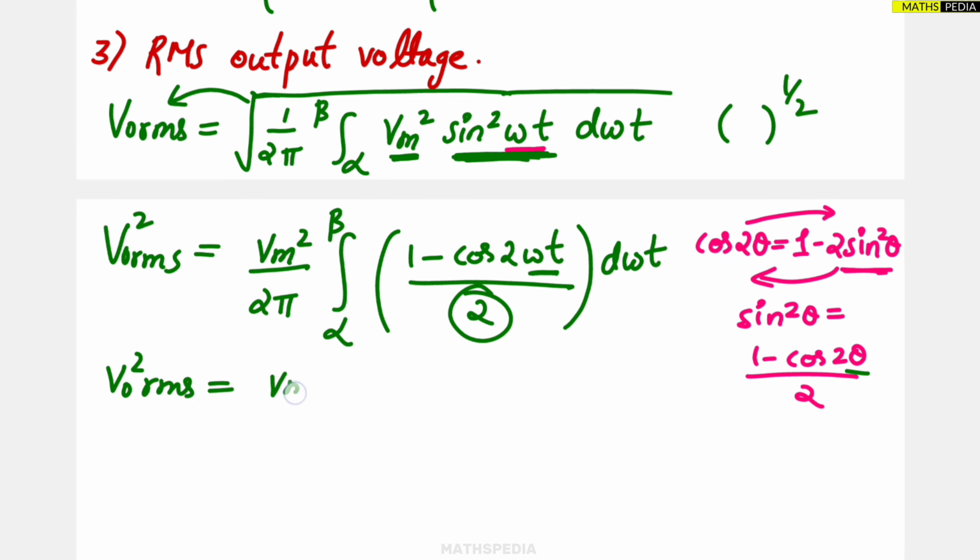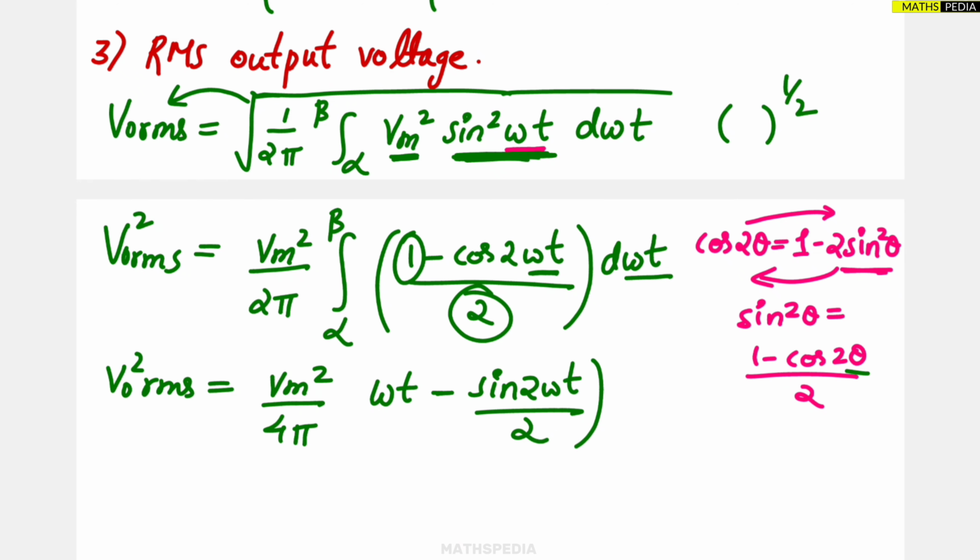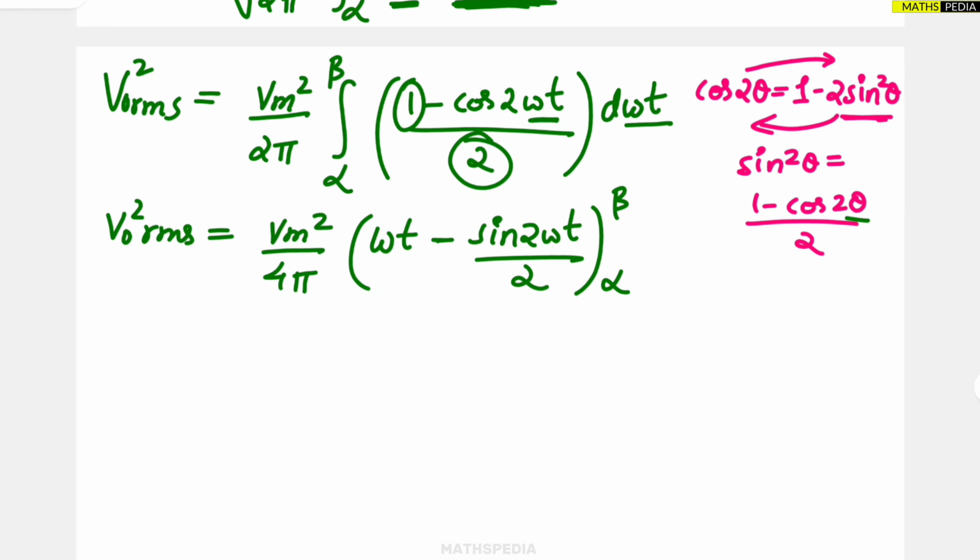So Vm square by 4 pi it will become. Now integration with respect to omega t will be omega t minus sine 2 omega t by 2, the integration of cos 2 omega t. Upper limit and lower limit both you have to put. So V out RMS square is Vm square by 4 pi.